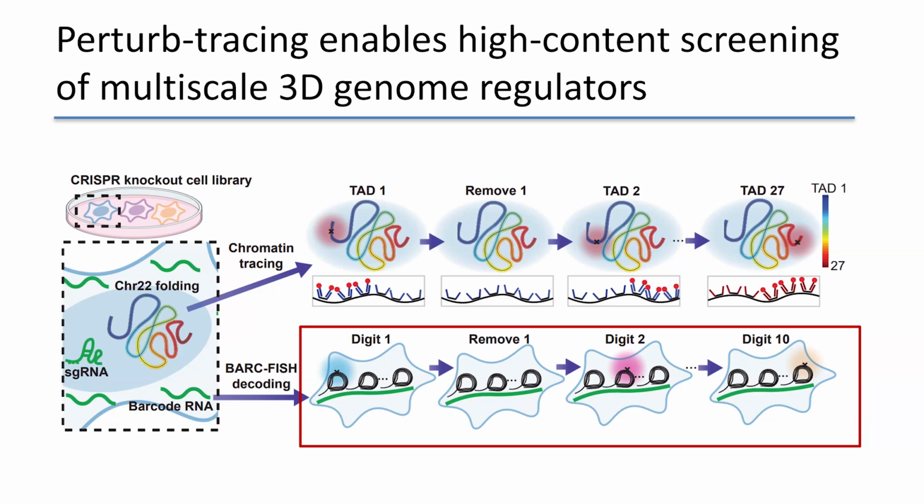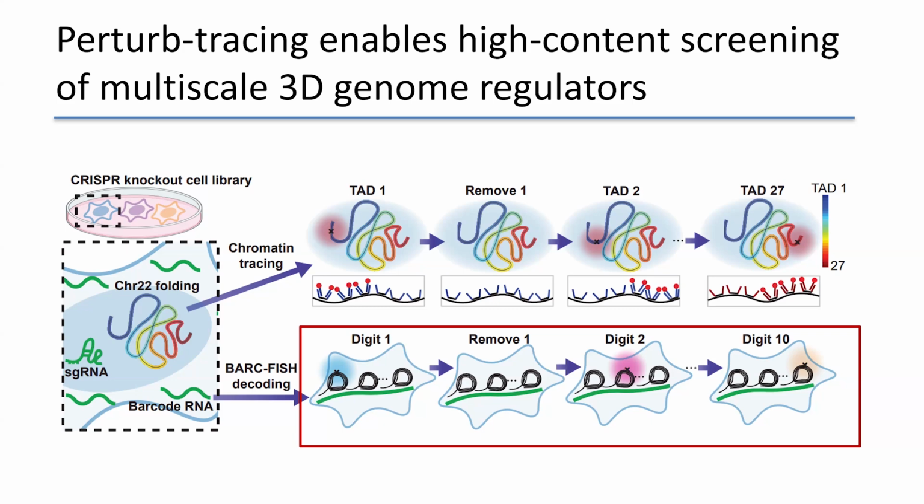For this purpose, we paired each guide RNA with a barcode RNA that can uniquely map the guide RNA identity. And we developed a cellular barcoding and in situ decoding technique called BARC-FISH, which can read out this barcode digit by digit. This allows us to determine which cell contains which barcode and its associated perturbation.